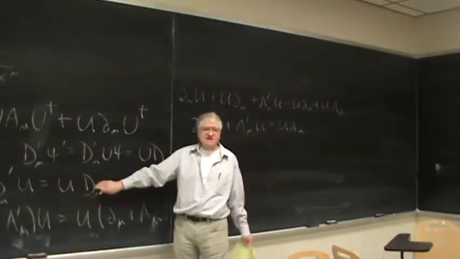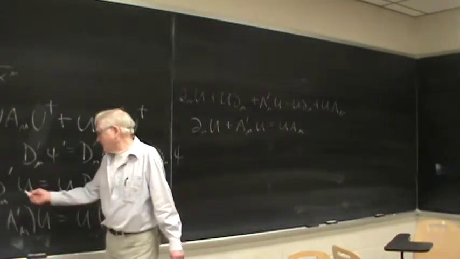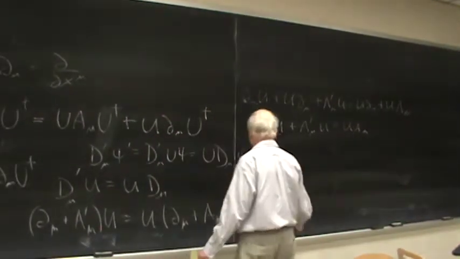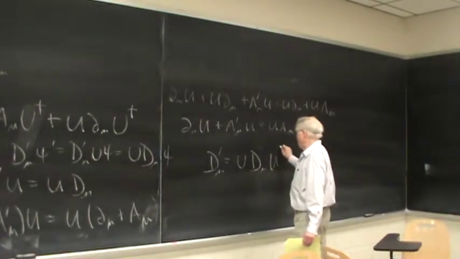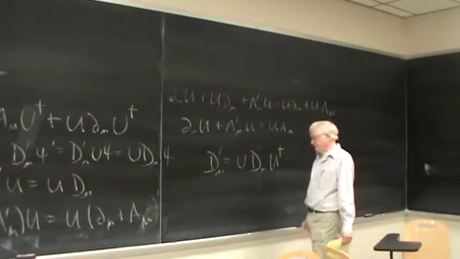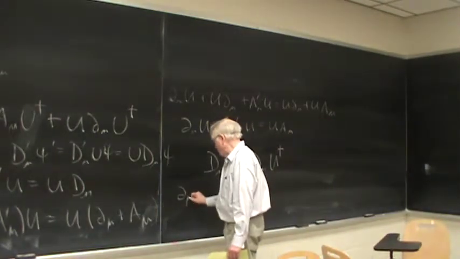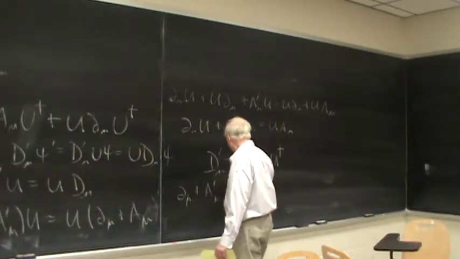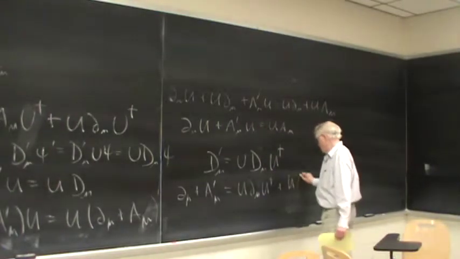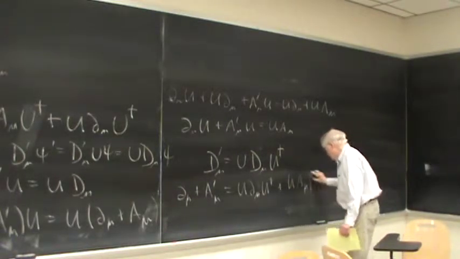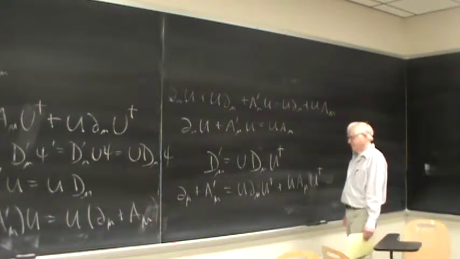That's the same thing as this. Another way of looking at this is saying that D mu prime is equal to U D mu U adjoint. Let me demythologize this also. This is D mu plus A mu prime is U D mu U adjoint plus U A mu U adjoint.